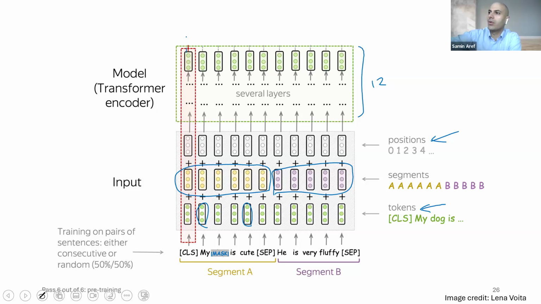There will be a vector here for the CLS token, a vector here which is the output corresponding to "my", another vector corresponding to the masked word, and so on. This is just like the vectors we saw for the example of Everybody Dance Now in PAS 2. As I said, the very first vector will be used for next sentence prediction, and all these other vectors are used for masked language modeling.